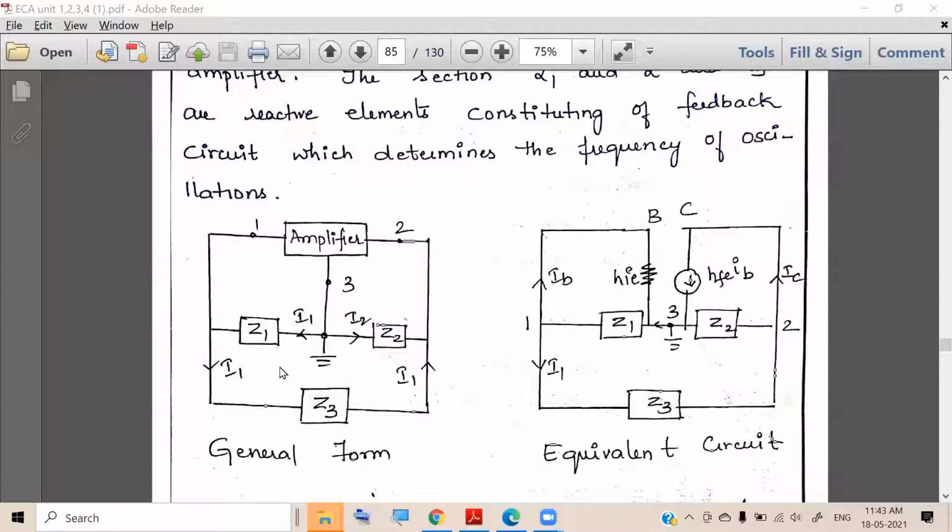Likewise, both circuits are equivalent to each other. Here also we label I1 coming here, very small negligible current flows in this branch, so we approximate the entire I1 flows in this path.